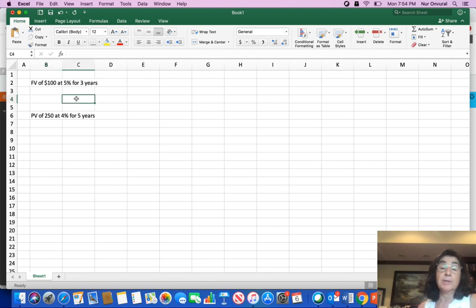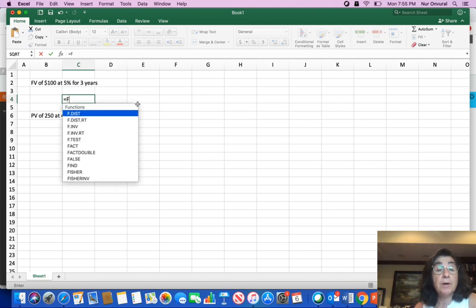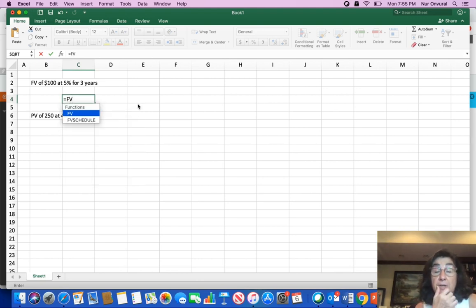So what I will do is I will place my cursor in any cell. I will start with an equal sign, and then I will use the FV function, and that will bring up the FV function for me.